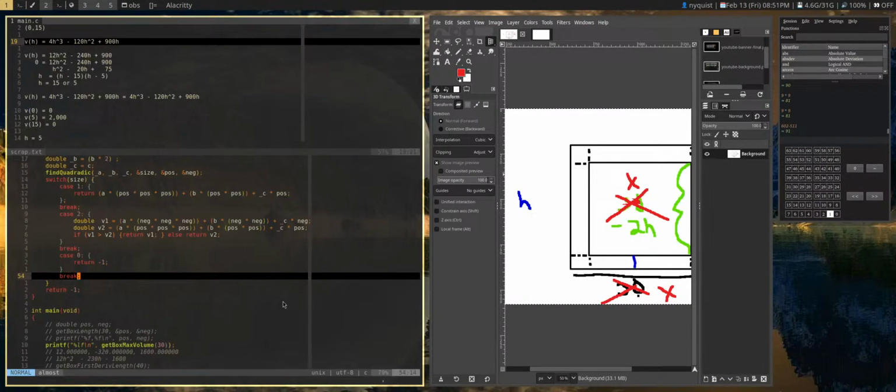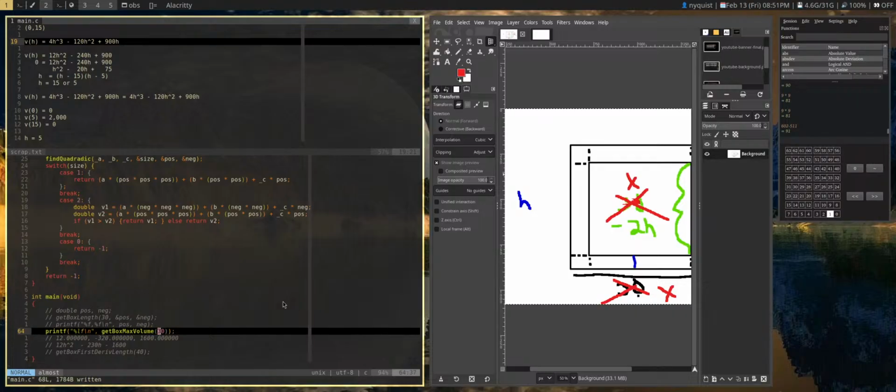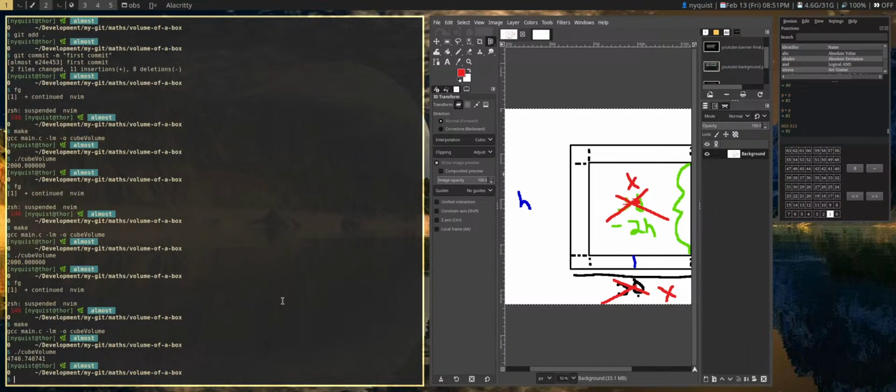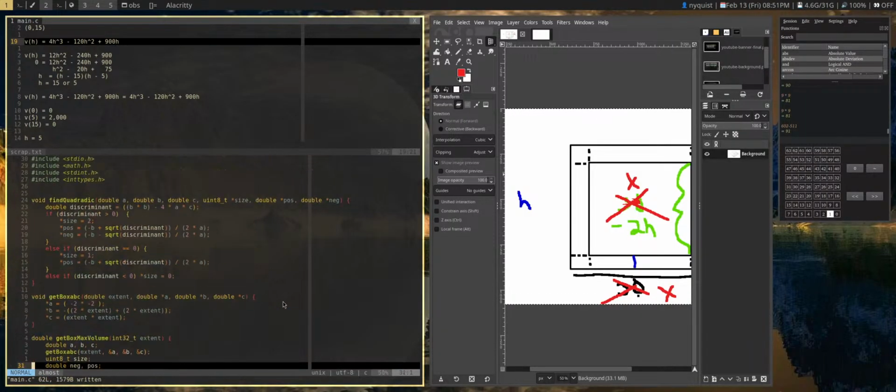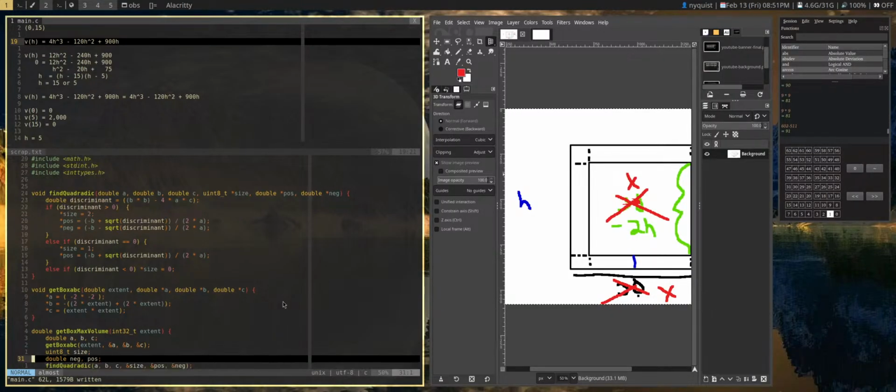Maybe not the cleanest way to do it. Let's try. I think that's it. I kind of need to test this a little bit more, but I think I did it.